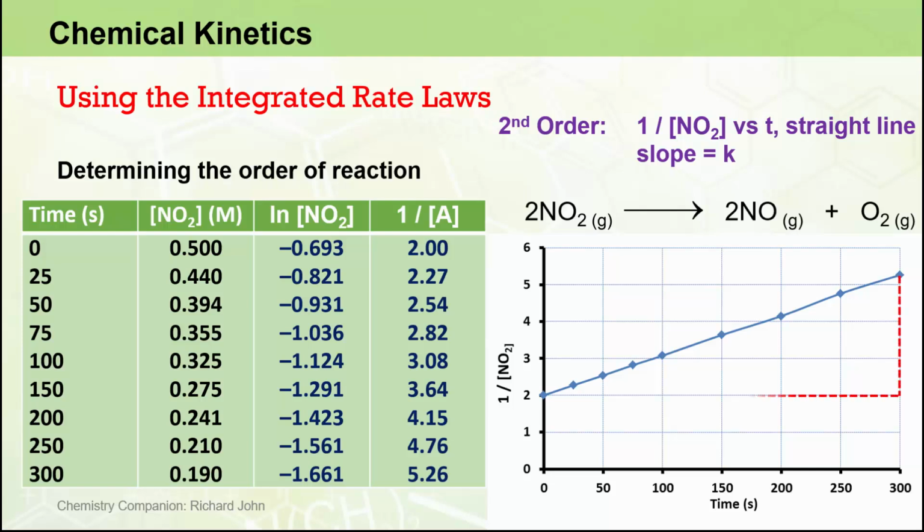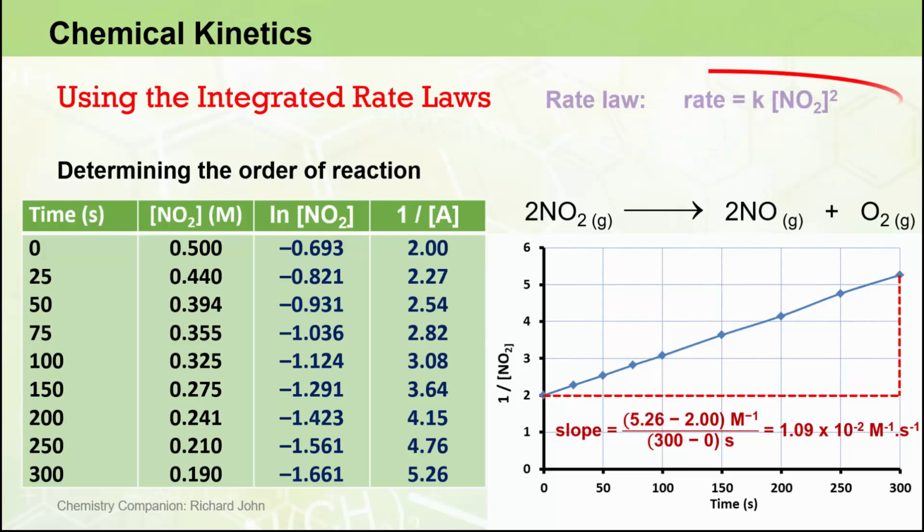We can determine the slope of this line by calculating rise over run, where we get 5.26 minus 2.00 divided by 300 minus 0 to get a slope of 1.09 times 10 to the minus 2 M^-1 s^-1. And this is the value of the second order rate constant for this reaction at the particular temperature that the experiment was carried out.